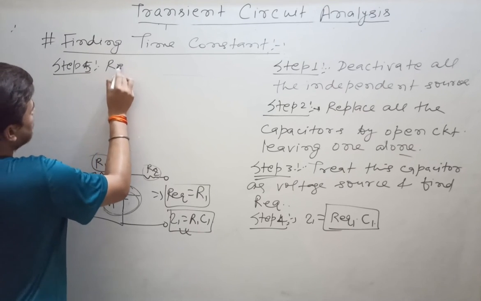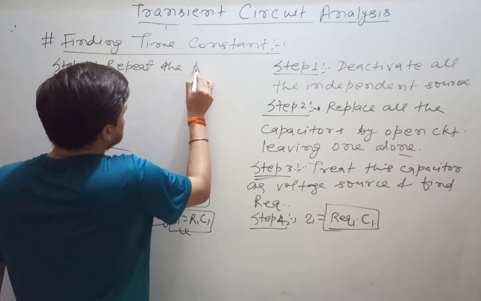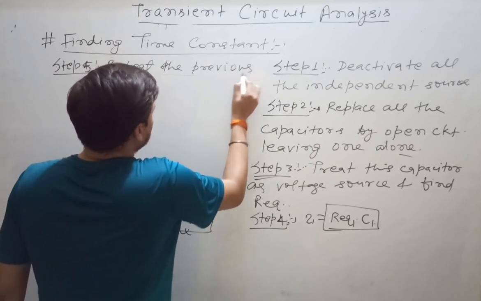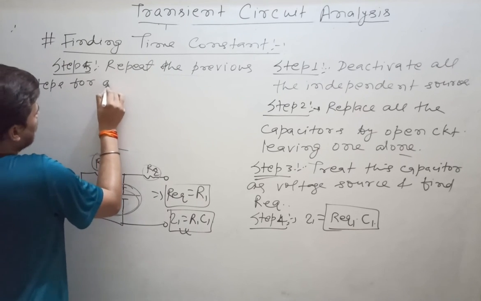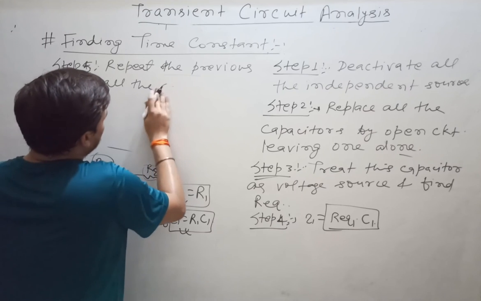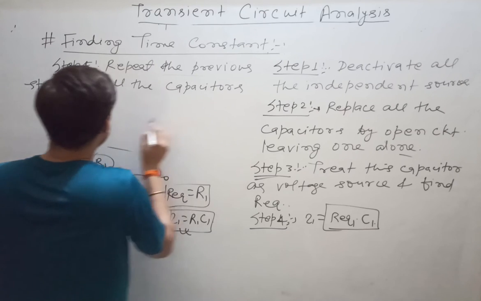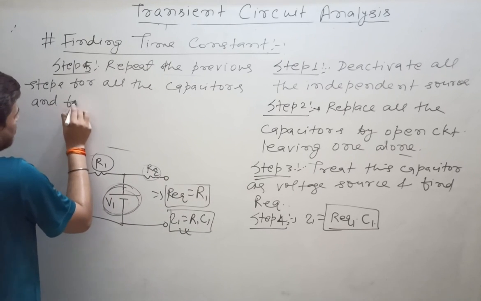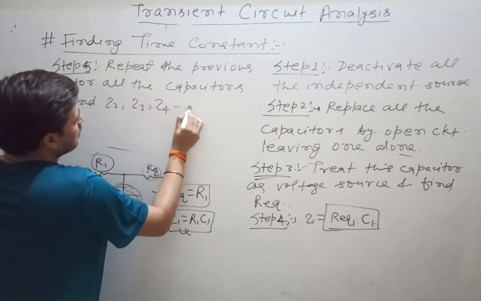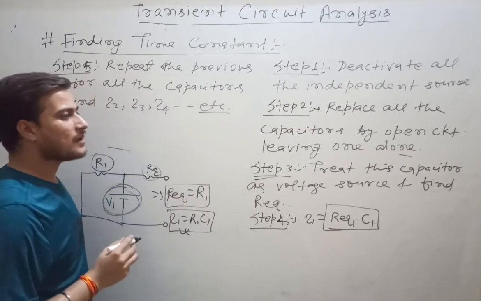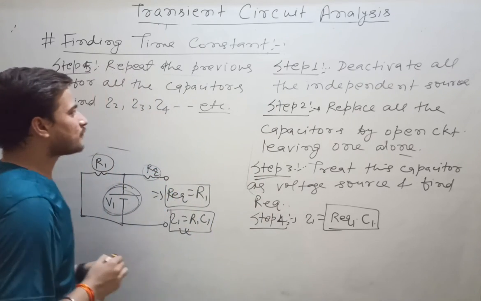Repeat the previous steps for all the capacitors and find tau 2, tau 3, tau 4, etc. That means as many capacitors as are given to you, you have to repeat all those 4 steps for different capacitors.